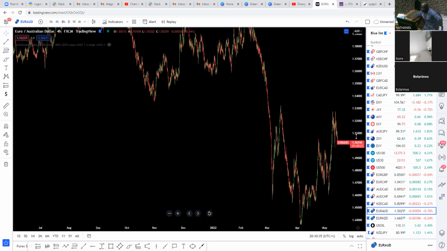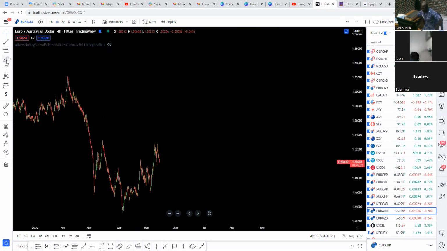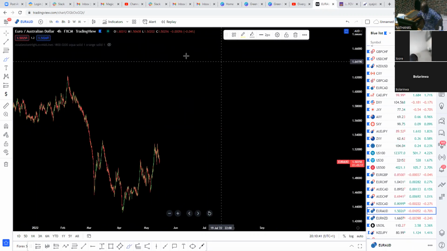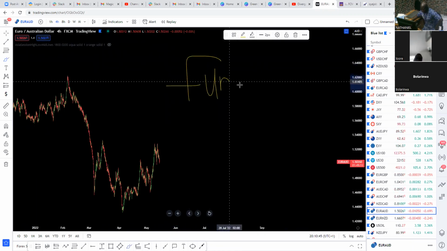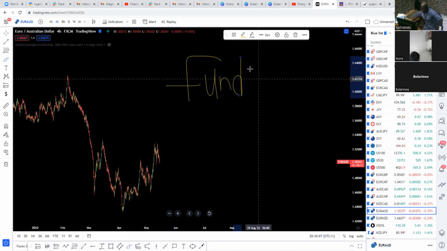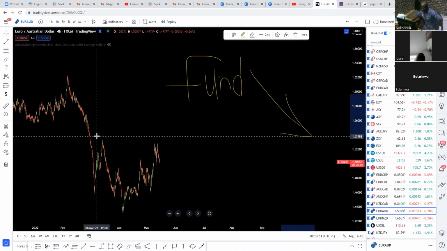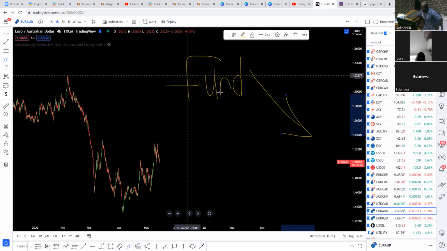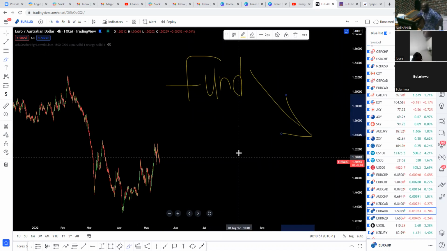Because the truth of the matter is that not many people know that it is actually fundamental analysis that gives the direction of the market.